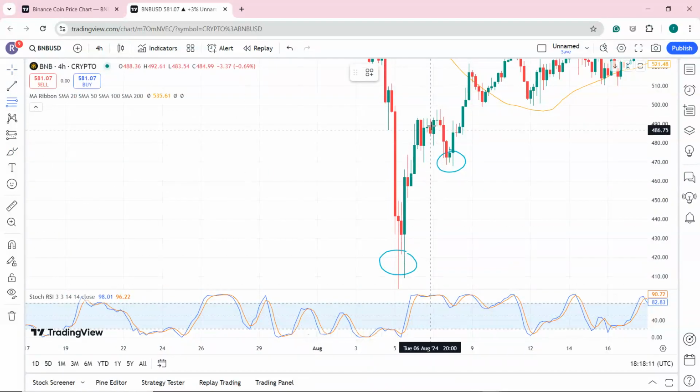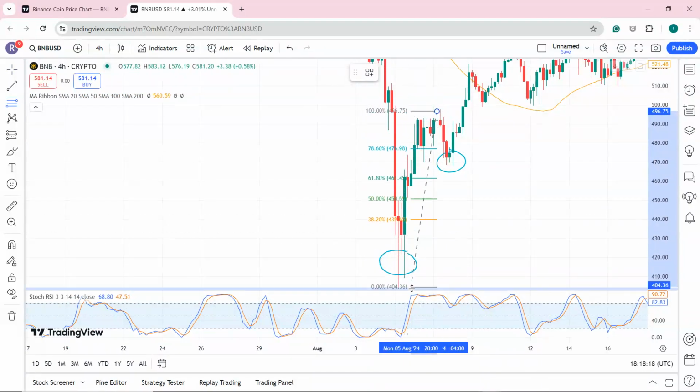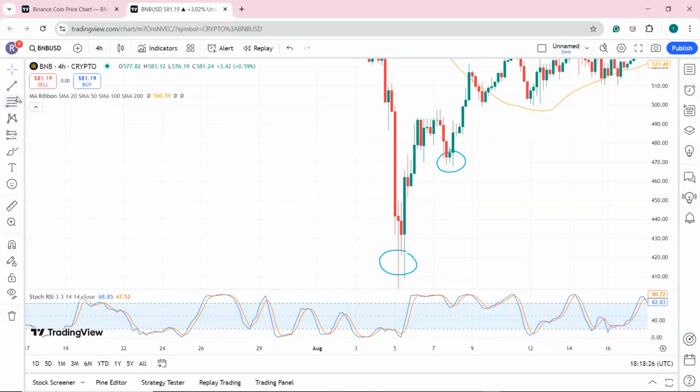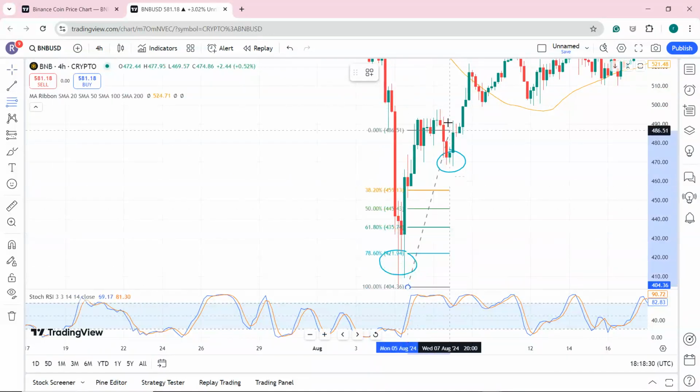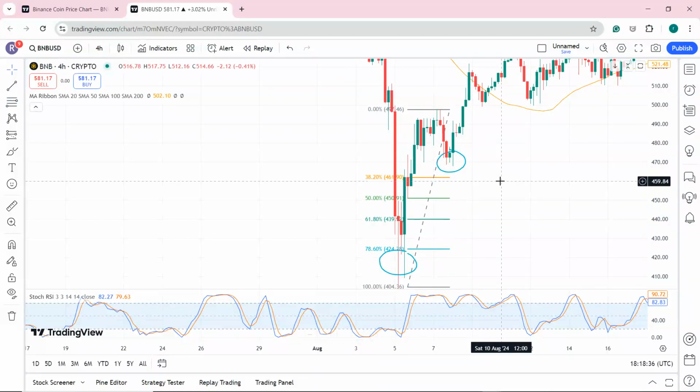So we're going to draw it from this level, the highest point. Let me delete it. Let's use this way, from this point to this point.